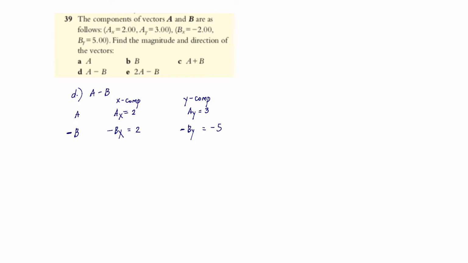And so I'm gonna write now the summation of my components. Summation of x is 4. Summation of y is 3 plus negative 5, which would be negative 2.